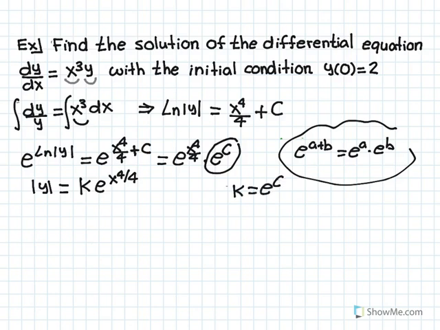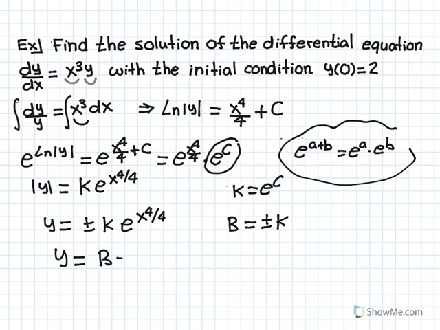Now let's remove the absolute value, and we get y is equal to plus or minus k e to the x to the 4th over 4. And plus or minus k, we can just call another constant, let's say b. b is equal to plus or minus k. So we get y is equal to b e to the x to the fourth over 4.